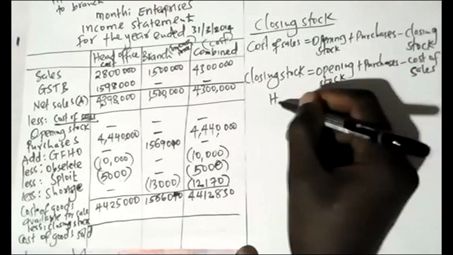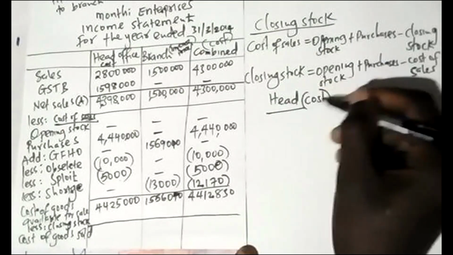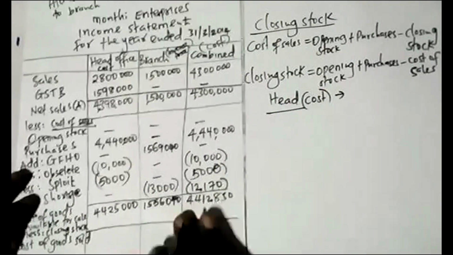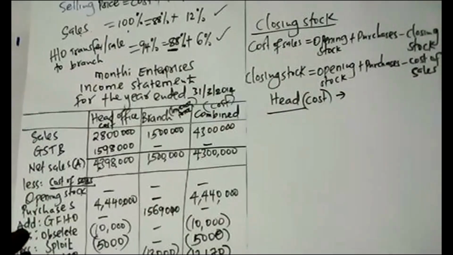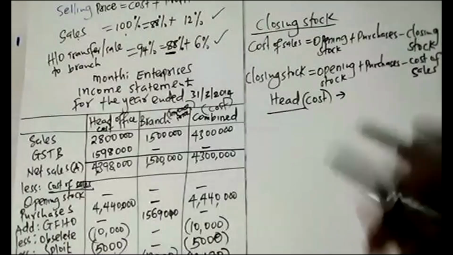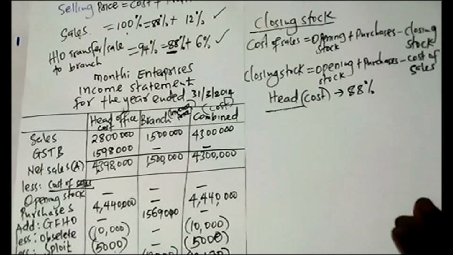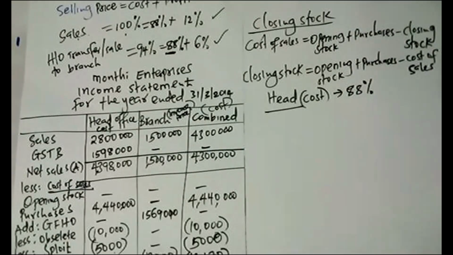So that to start with the head office, and I know that the head office is maintained at cost, which means that my cost percentage here would be 88%, from the percentages we did at the start of the question there. So anything which would be recorded under the head office would be at cost.